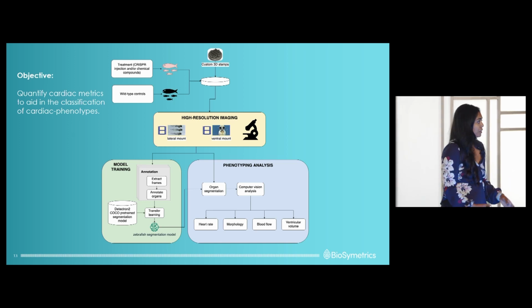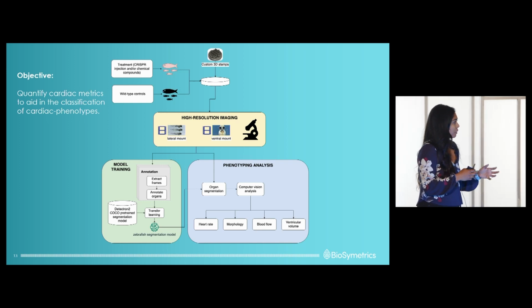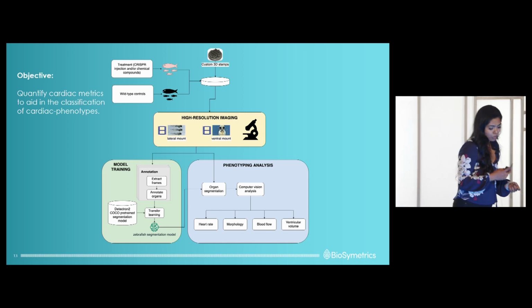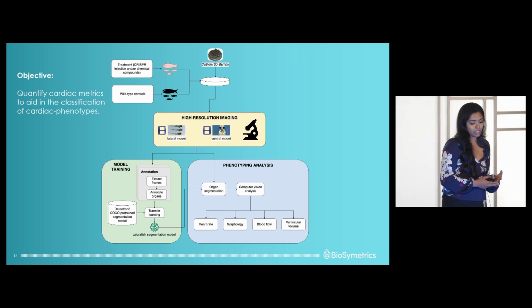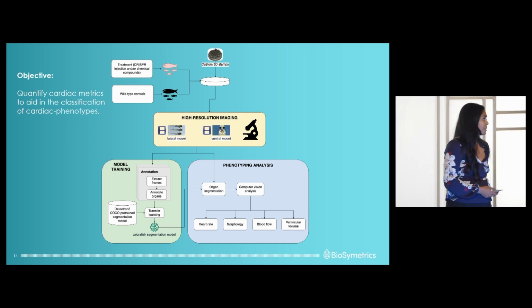That data is fed into our model is trained on, and then eventually, when we do want results, we're able to pull out some images of segmented organs, and then using that, we can quantify a vast amount of phenotypes. So things like heart rate, morphology, blood flow, ventricular volume are all examples of phenotypes that we can report out.